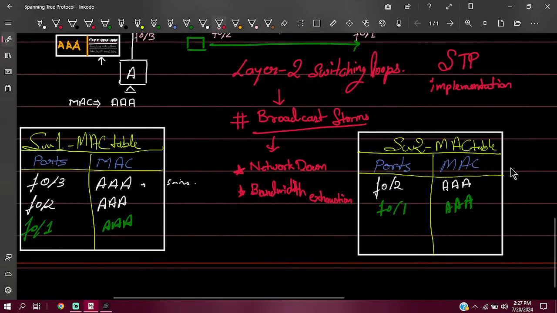So what will Spanning Tree Protocol do in this loop scenario? Always remember, Spanning Tree Protocol is a loop avoidance protocol. What it does is it will block the loop-causing port.